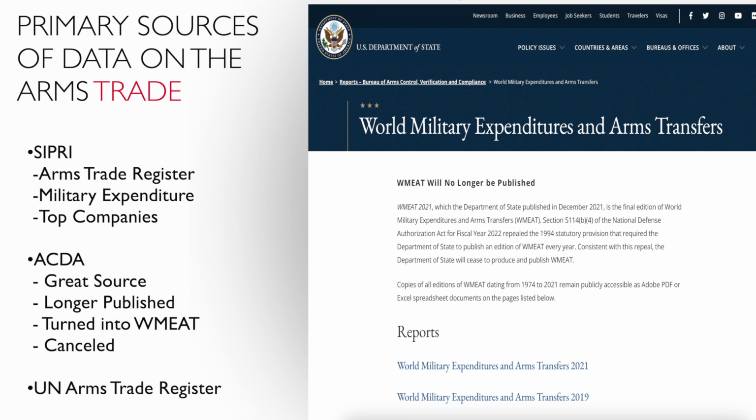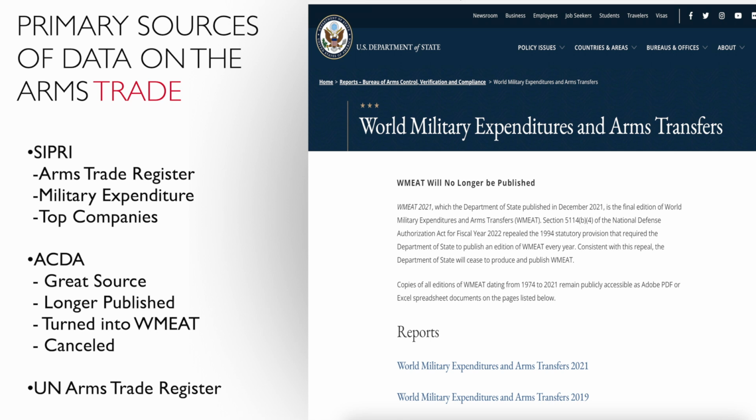But the really interesting thing about the ACDA and having the WMEAT out there is you could compare that to the SIPRI, and they usually kind of rode with each other. And the data was pretty similar between the two. Not to say that there weren't discrepancies. Obviously, there were. Because there's also going to be an issue with trying to report and get arms transfer data.